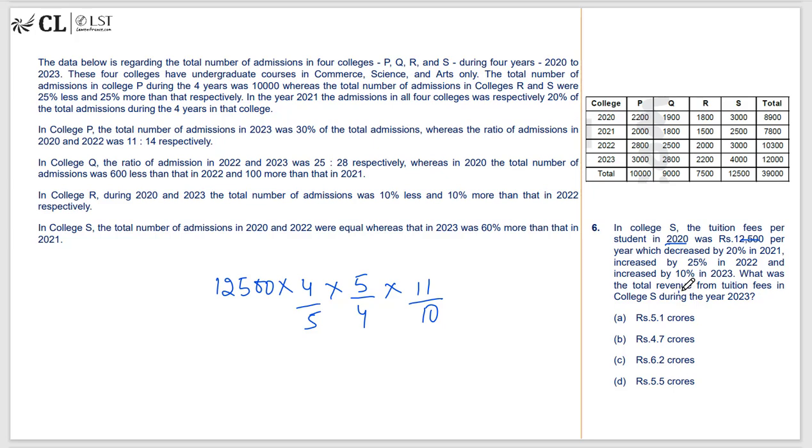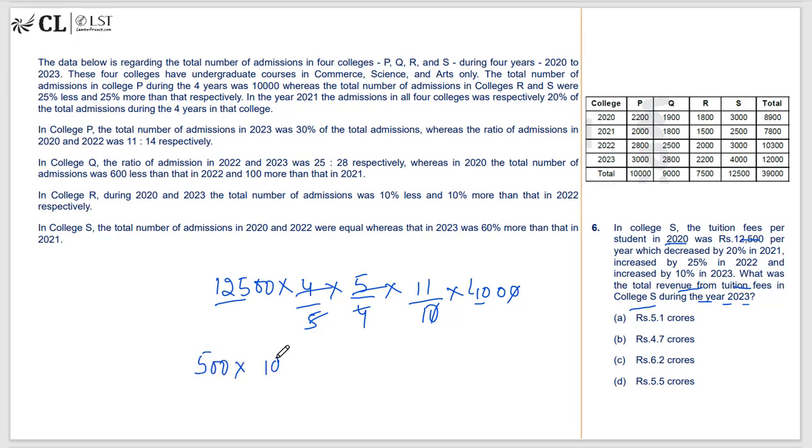We want to find the total revenue from tuition fee in colleges during the year 2023. This is the fee. This needs to be further multiplied with the number of students. Then we'll get the total revenue. So this all gets cancelled. 125 into 4, that's 500.